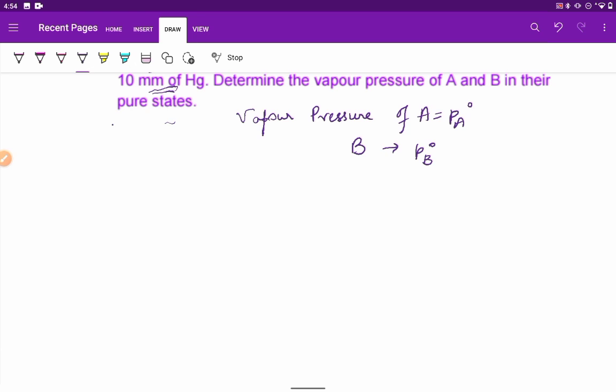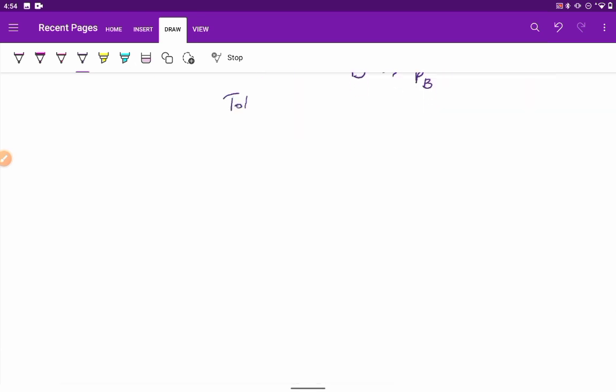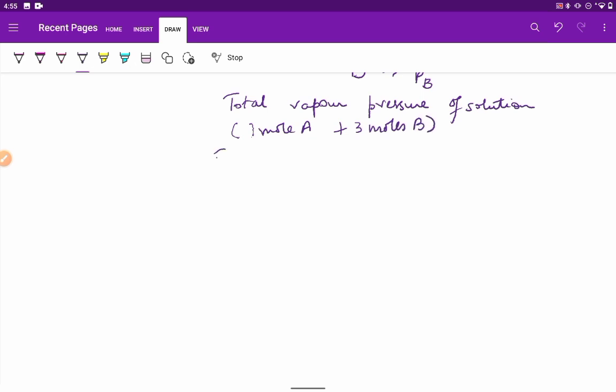So the total vapor pressure of the solution, here solution means 1 mole of A plus 3 moles of B, will be equal to XA PA naught plus XB PB naught. XA and XB are the mole fractions of A and B.